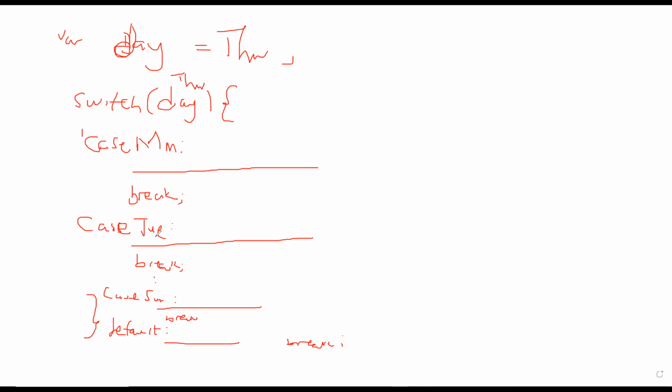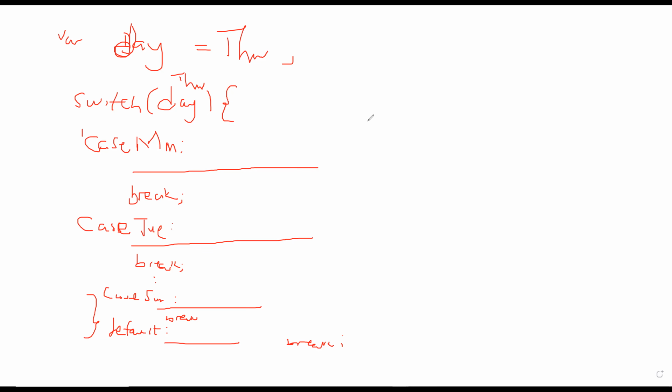Is the day Tuesday? Are Tuesday and Thursday the same thing? It is false. It will leave and go to the next one, Wednesday. Are Wednesday and Thursday the same thing? No. It will leave and go to the next one, Thursday. So are Thursday and Thursday equal?